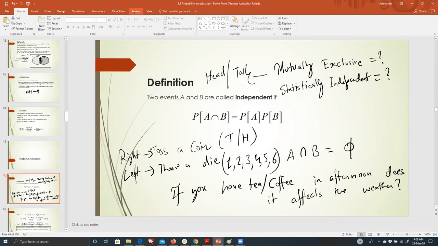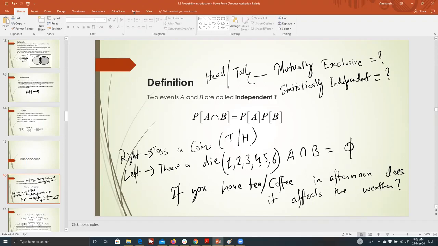In the above example, tossing a coin and throwing a die are statistically independent events. Getting heads or tails on the coin has no impact whatsoever on the die. The outcome of the coin is independent and the outcome of the dice is independent altogether. Would you agree? Yes. So such events are called independent or statistically independent.